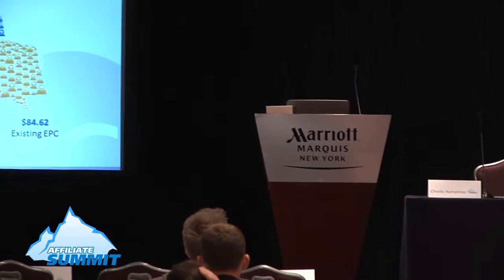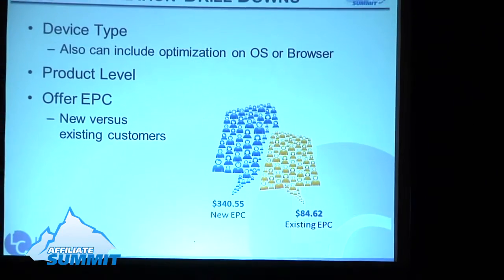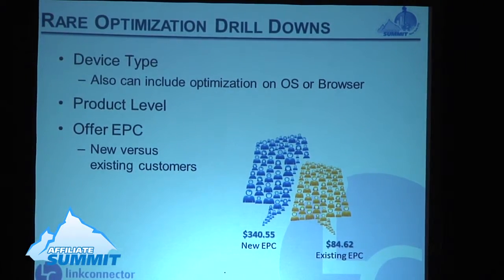Offer EPC. So a lot of advertisers will change their offer depending on what's important to them. The best example, or easiest to understand, is new versus existing customers. A new customer is generally worth a lot more money to an advertiser, and a lot of advertisers are willing to pay more money for a new customer. So the way they do that is they incent affiliates through their affiliate marketing channel for the new customers: 2, 3, 4 times as much commission paid on a new customer.